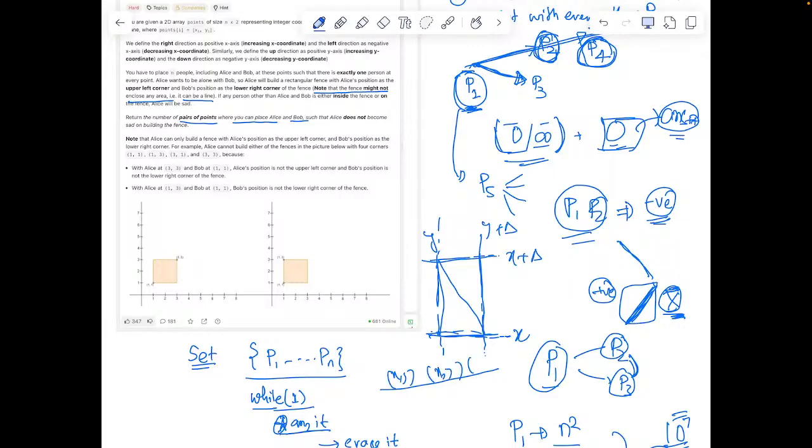We have to find which pairs have x lying between this range, including it, and this is also there here, and y in this range.